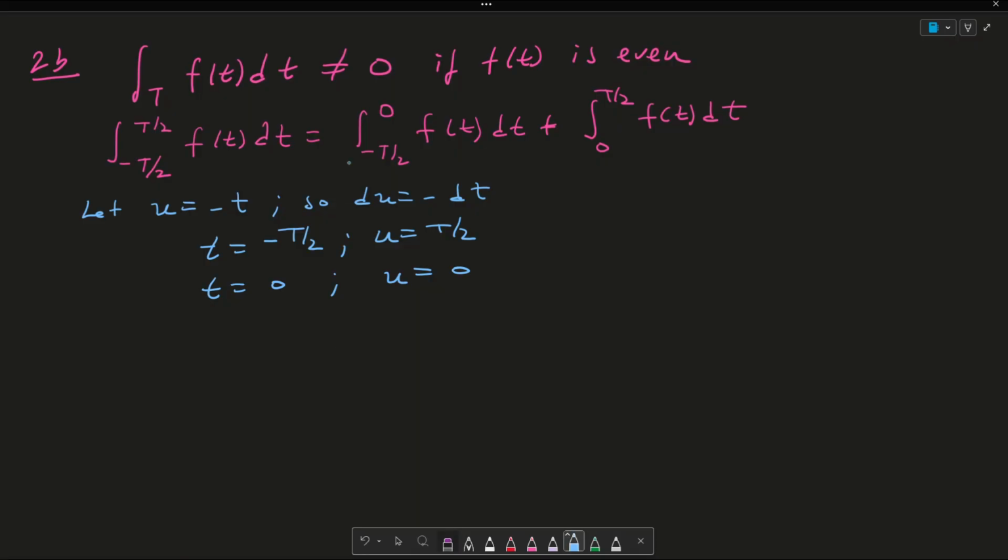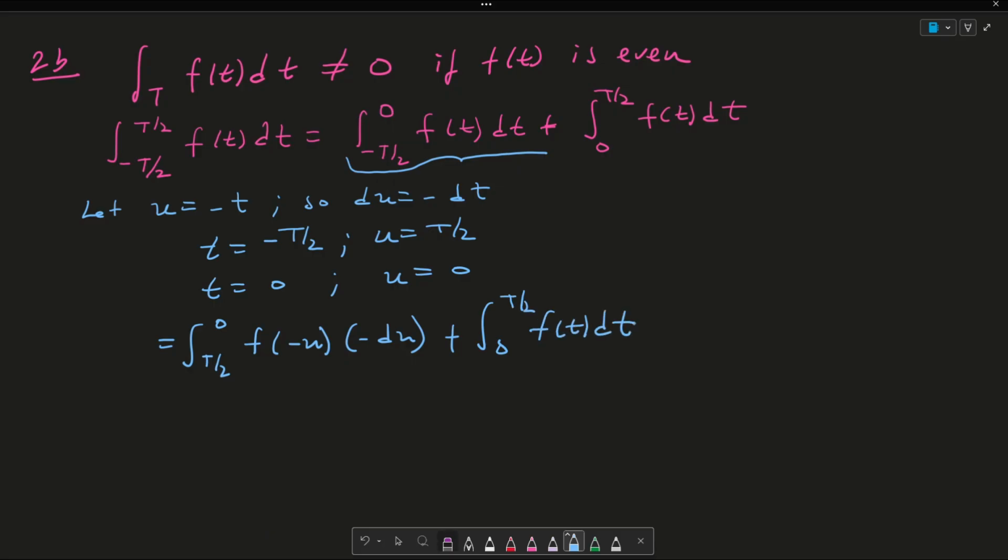So then let's go ahead and plug in u into this first term. And we can say then that it is the integral from positive t over 2 to 0 of f of minus u times minus du, plus the integral from 0 to t over 2 of f of t dt.